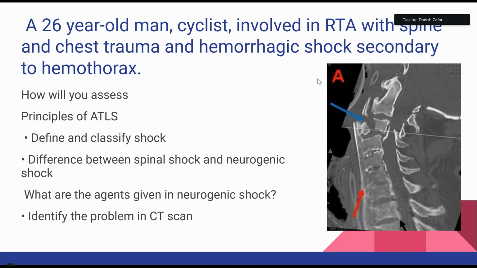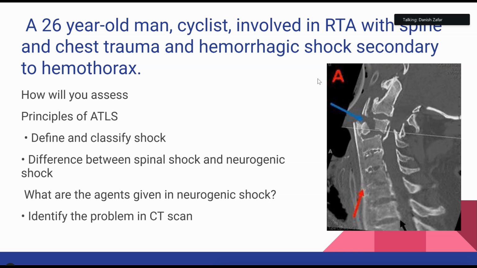Okay, so can you define and classify shock? Shock is defined as a state of cellular tissue hypoxia resulting from inadequate oxygen supply or inadequate oxygen utilization by the cells.